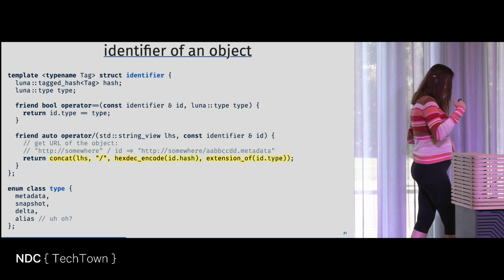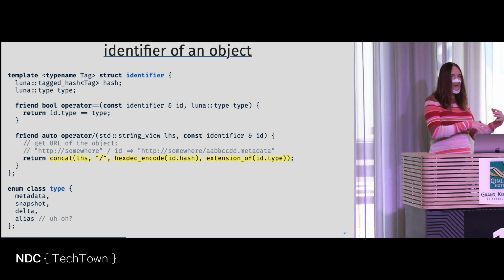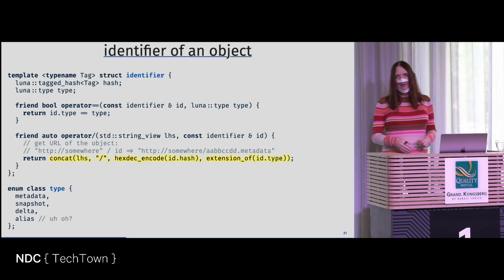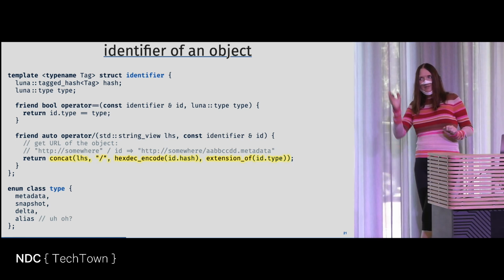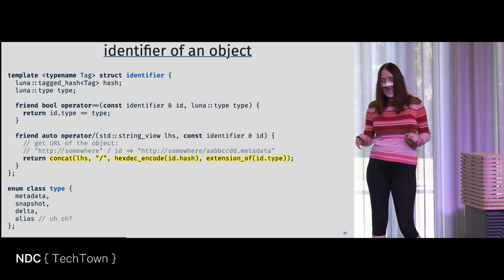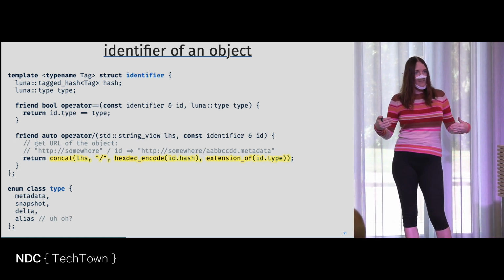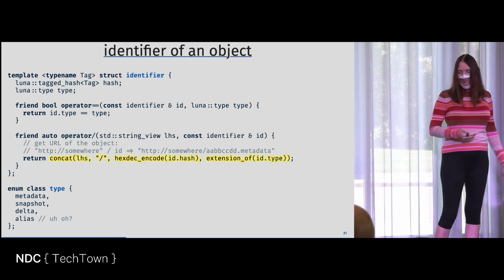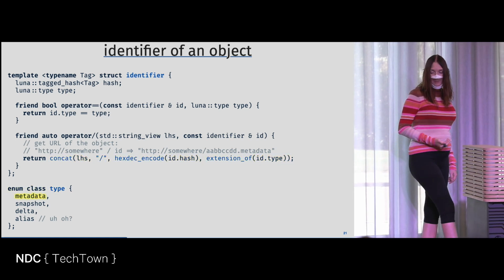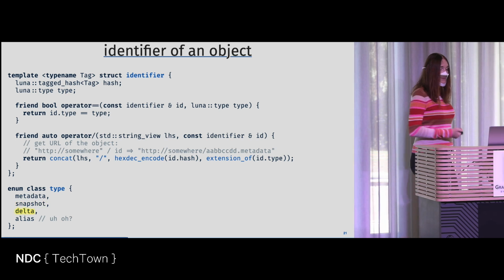So if you have your server or CDN where all the serialized objects are stored, you can use it as a prefix, operator divide, an identifier, and it will give you a nice URL to download. You can provide it to some library which will download it for you. So we have types: metadata, snapshot, delta, and we have alias.